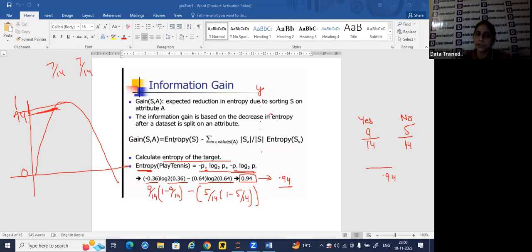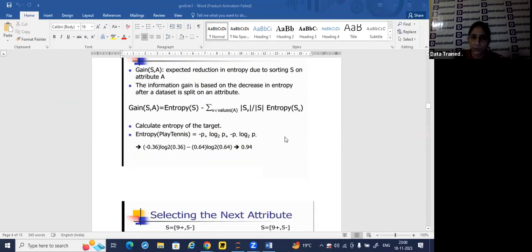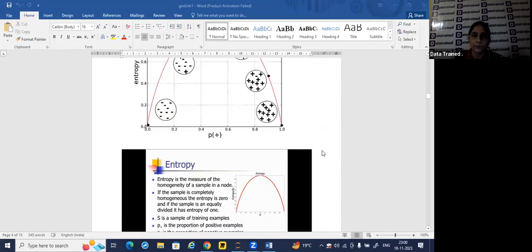So here it is saying your play tennis target has 94% entropy. Now let's see what is the impact coming for this one. Now I'm taking two more attributes, suppose humidity and wind.